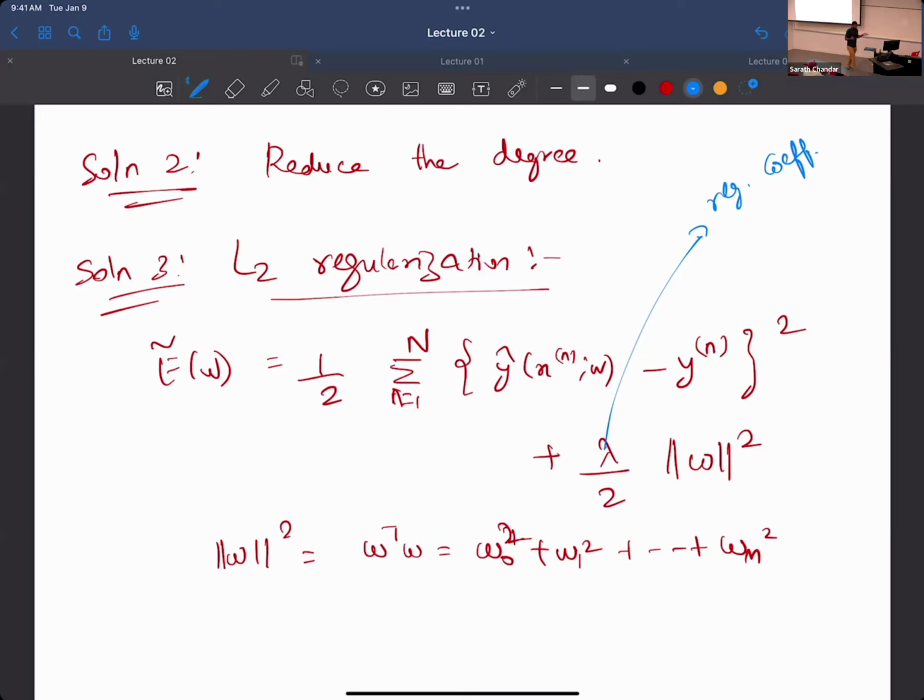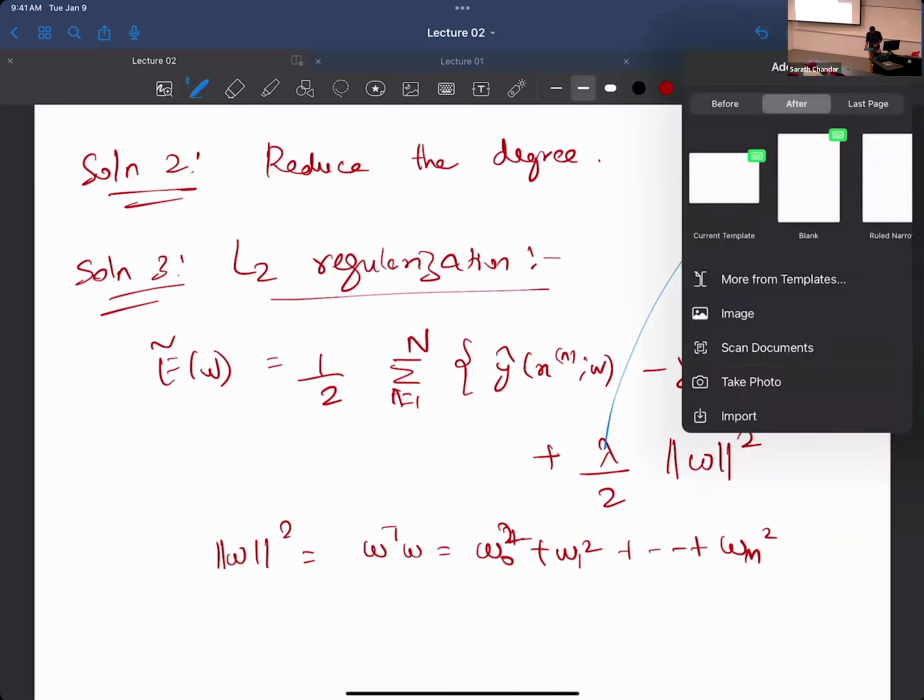If you have a minimum for this joint error function, that is hopefully the best of both: something that has as minimum training error as possible, and at the same time as small a weight as possible. Is that clear? Okay, so now let's try to solve this error function.